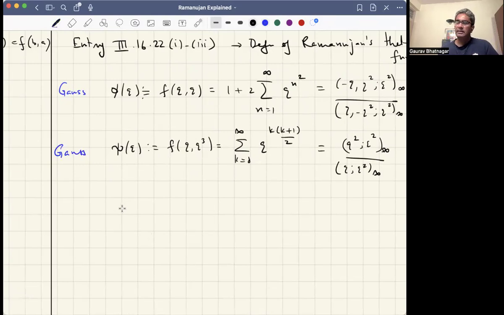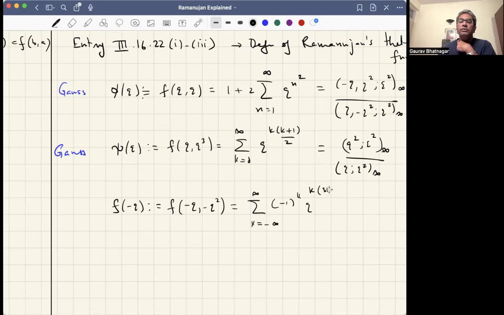Then the third one is f of minus q, with slightly contradictory notation, which is the sum of k going from minus infinity to infinity of minus 1 raised to k, q raised to k into 3k minus 1 over 2. And this has a product form, q infinity. This is Euler's pentagonal number theorem.